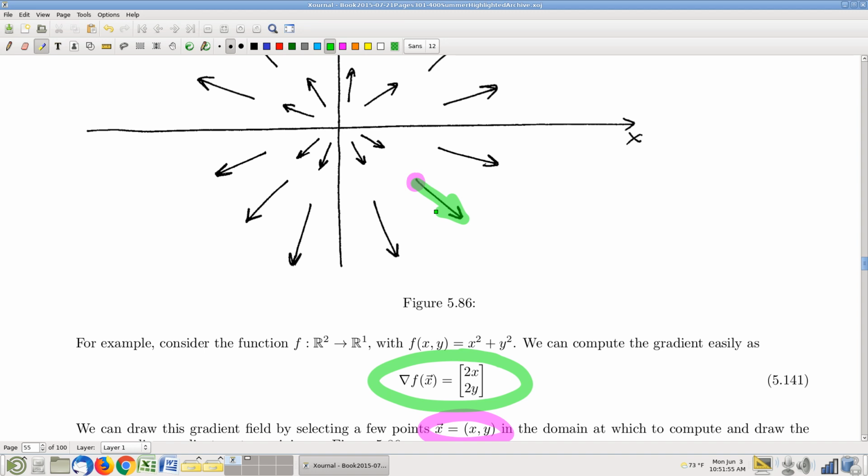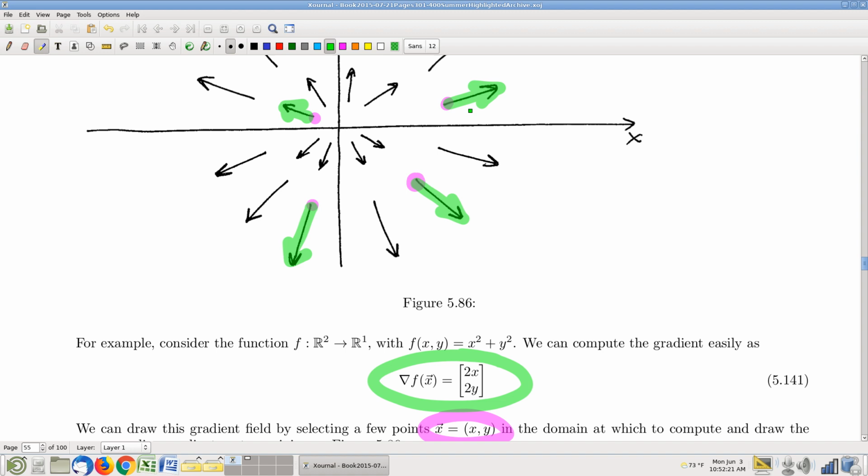And this works no matter what point you pick. If you pick that point or that point or that point, for each of these points there is a corresponding vector computed from the formula. And you get therefore a vector field. At every point, there's a vector. Everybody on board? Okay. All right. One little quick bit of foreshadowing.